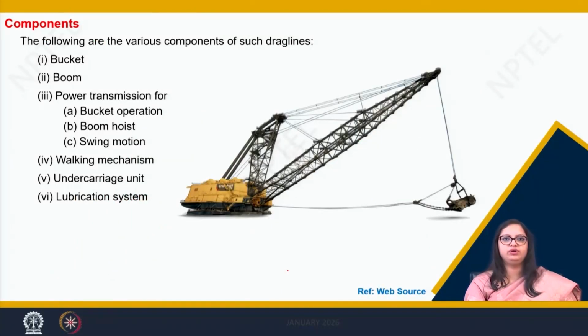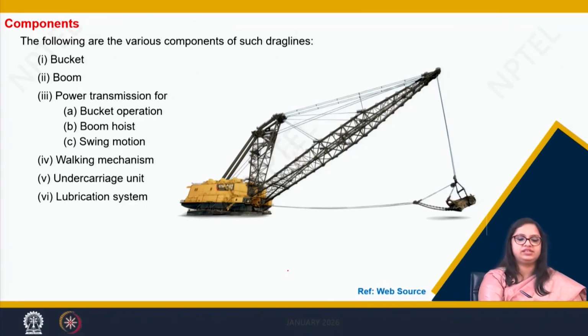Now, when we talk about the components of a drag line, we have already discussed that: this is the bucket, this is the boom, power transmission for bucket operation, boom hoist and swinging motion.